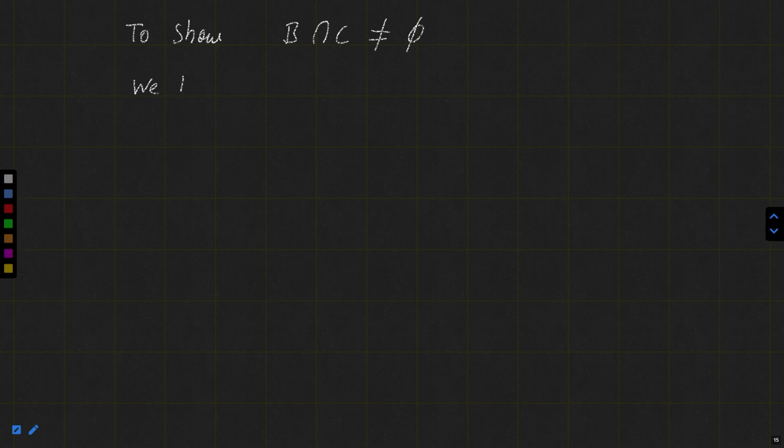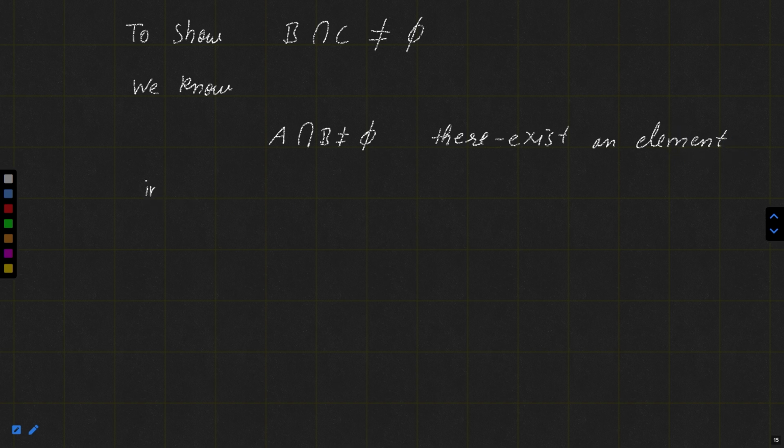We know A intersection B is not empty. That means there exists an element in A intersection B, say x.